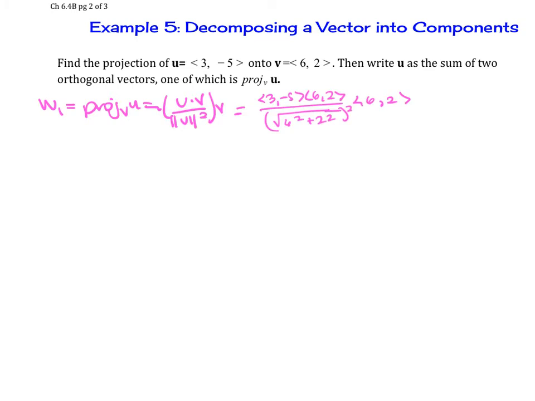So just to remember, I'm multiplying: this is 3 times 6 plus negative 5 times 2, over 36 plus 4, the square root of 40 squared, which is just 40, and then times (6, 2). So this is 18 minus 10, so this ends up being 8 over 40 times (6, 2), or 1 over 5 times (6, 2). So this is our w1.